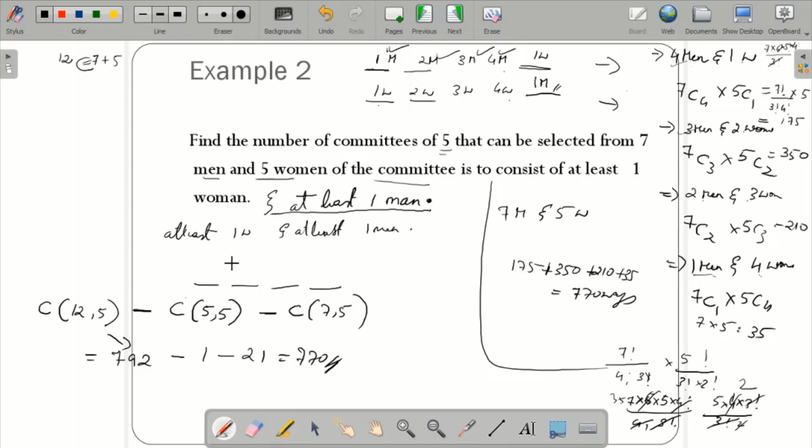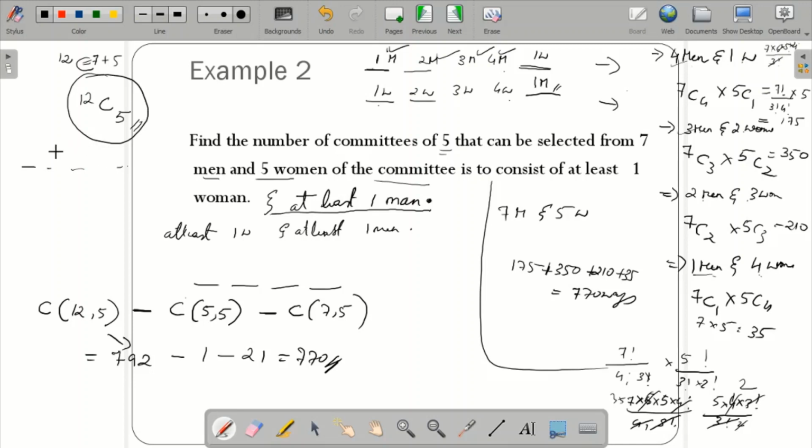If you want me to explain this in both the problems, I'll just tell. The question is: find the number of committees of 5 that can be selected from 7 men and 5 women, where the committee is to consist of at least 1 woman and 1 man. First I took the total combination of these committees: committee of 5 from 12 people, so 12C5, the total formation including both women and men.